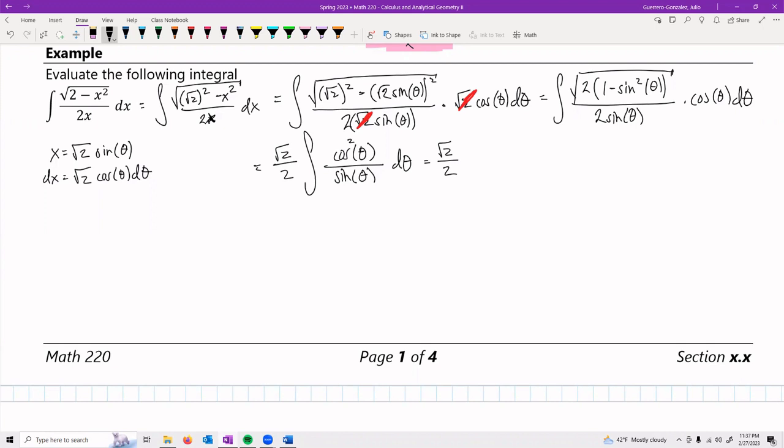So the integral, the cosine squared is 1 minus sine squared theta, all over sine of theta, d theta.